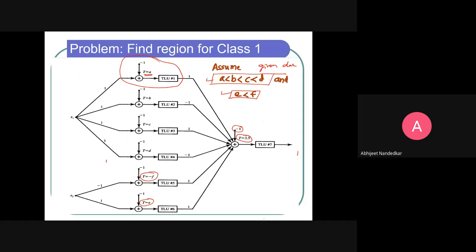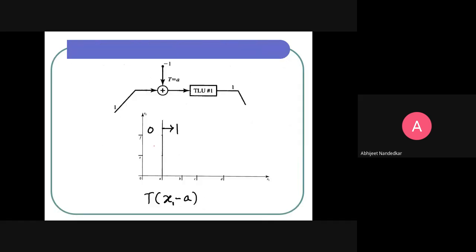Now we take neuron number 1. For neuron number 1, the threshold is A, which is the minimum possible threshold in the given problem, since A is less than B is less than C is less than D. So along the x-axis, I will keep A here and try to see what neuron number 1 is doing.